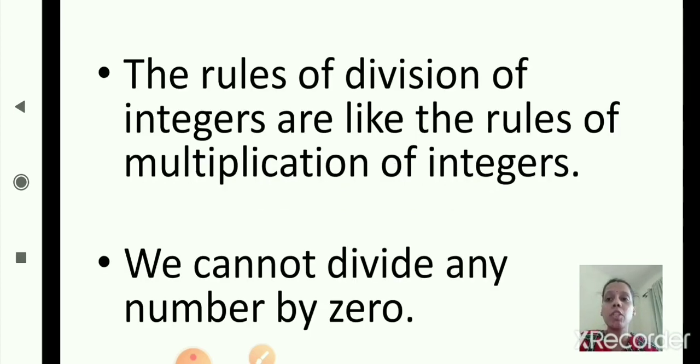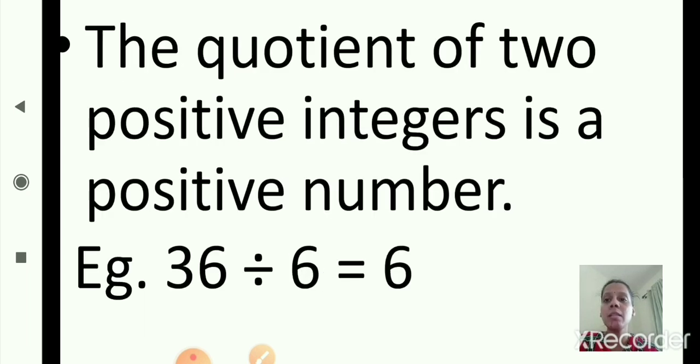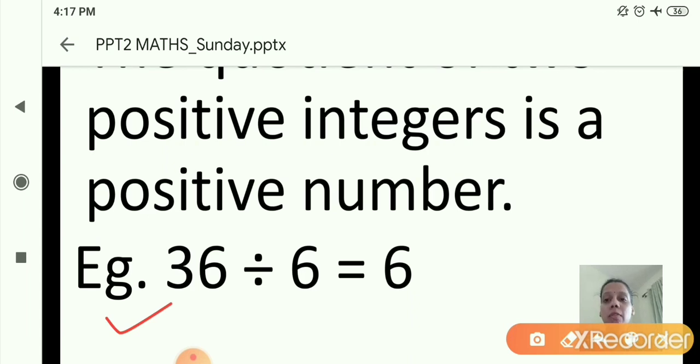The rules of division of integers are like the rules of multiplication of integers. First one, we cannot divide any number by 0. Then the second one is the quotient of two positive integers is a positive number. As you can see, one example is given, 36 divided by 6.